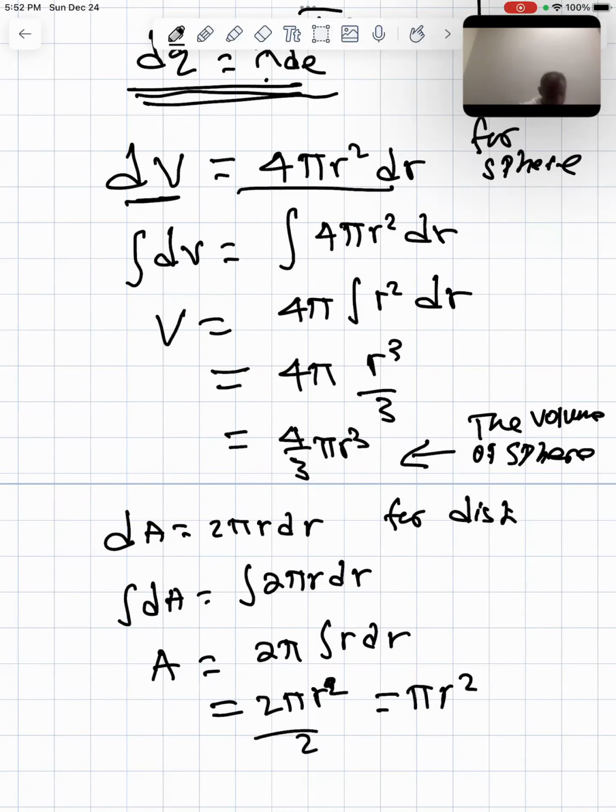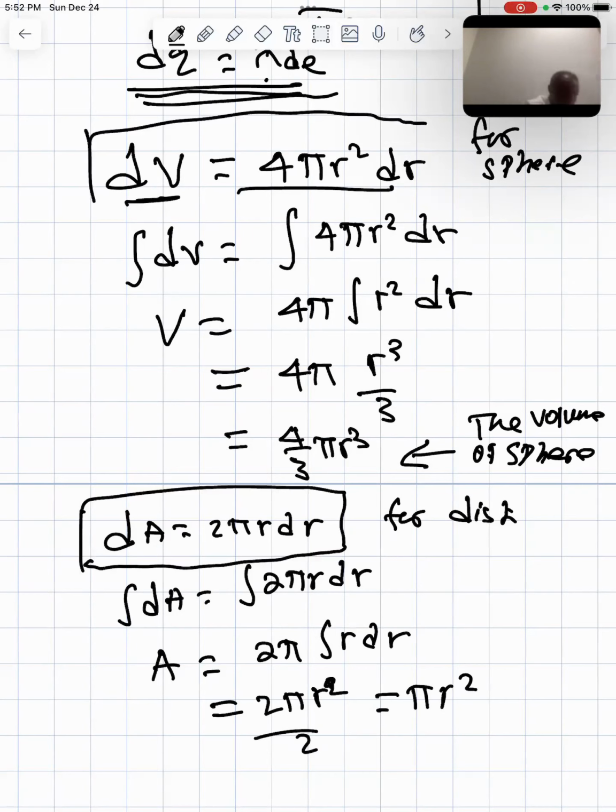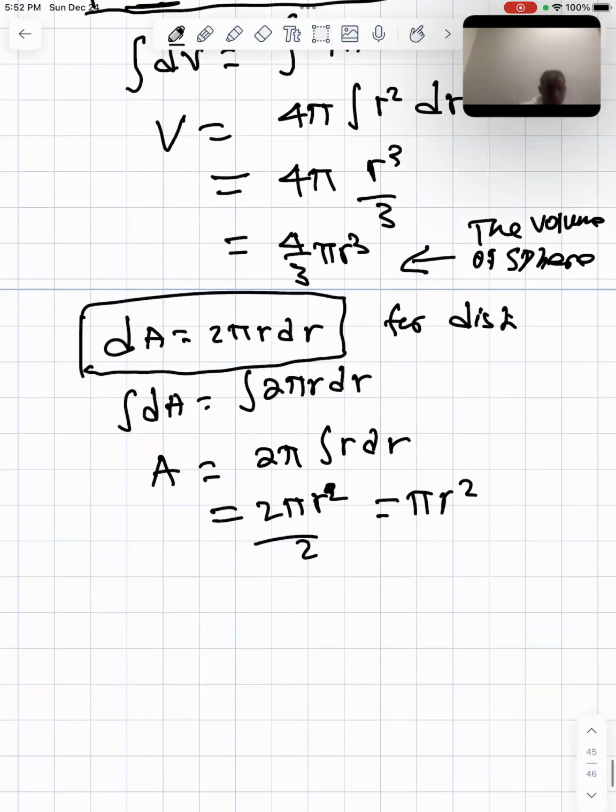That means I'm correct. So you can use this for a disk, and you can use the other for a sphere. Don't forget. For a one-dimensional system, you don't need to discuss; it's simple.